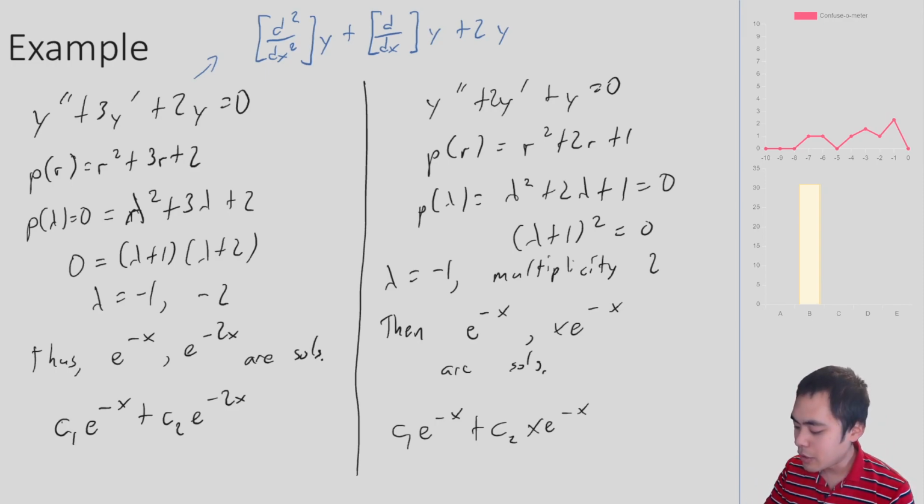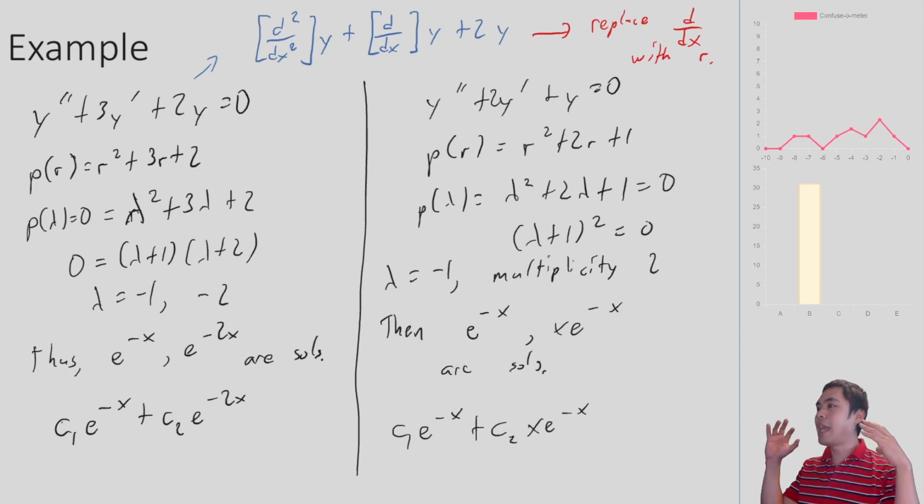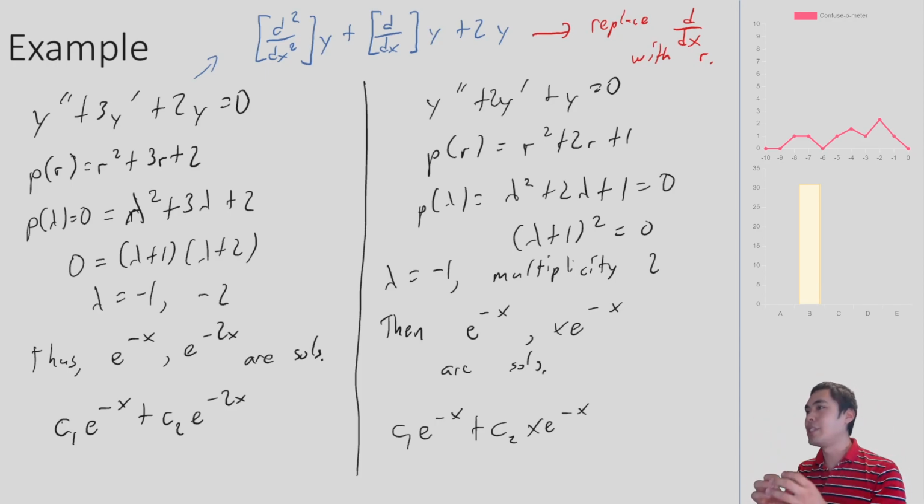And what we're doing here is we're replacing d dx with r. We're thinking about the derivative operation as the thing that we're replacing with r, and then we're getting rid of the y's. Hopefully that helped a little bit for Sam.